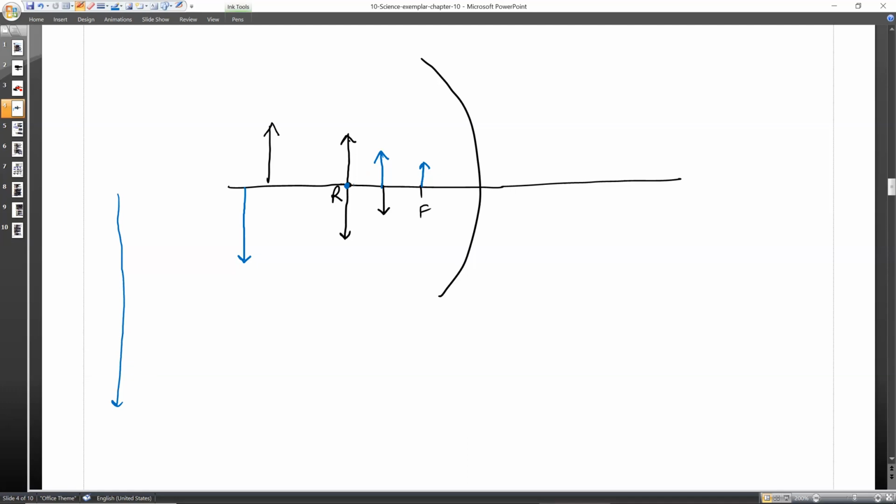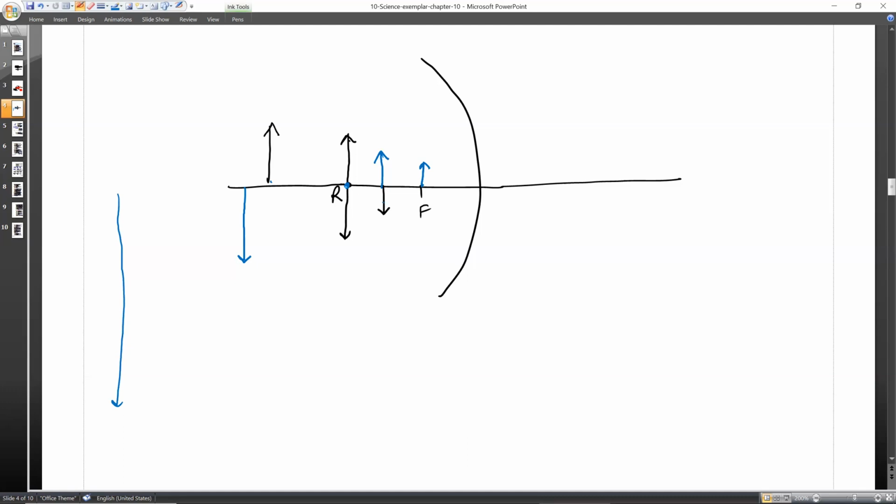As we come closer to the focus, are you noticing that the image is also going away from the mirror? Here it is between pole and focus.